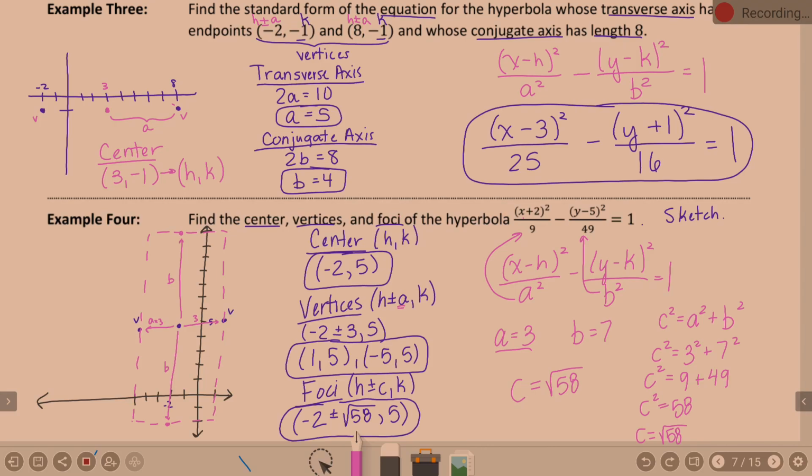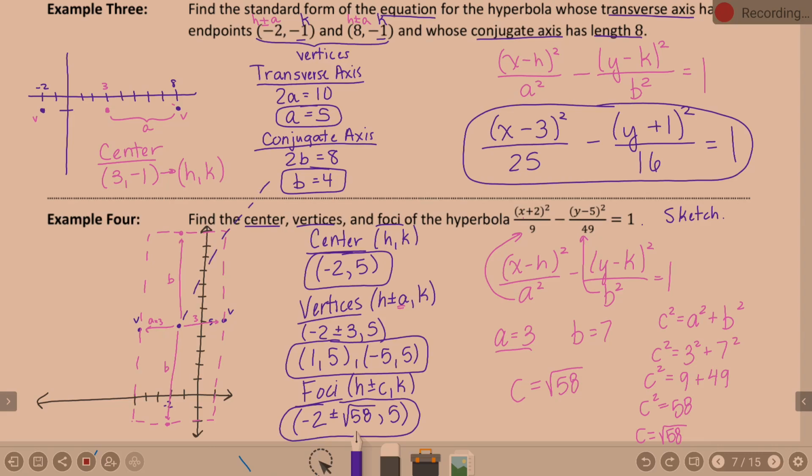Yes, I could have used that formula, I'm trying to think which one it is, the plus or minus B over A times X minus H plus K. I would much rather do this, okay? So now asymptotes, if you recall, asymptotes have to go through your center, and they go through the diagonal corners of the box.